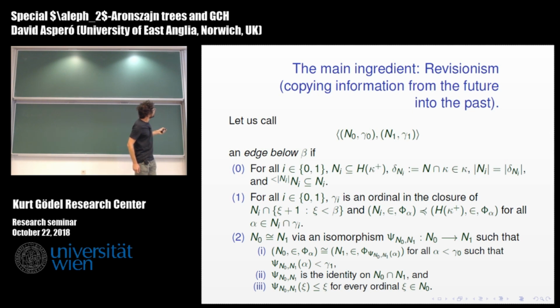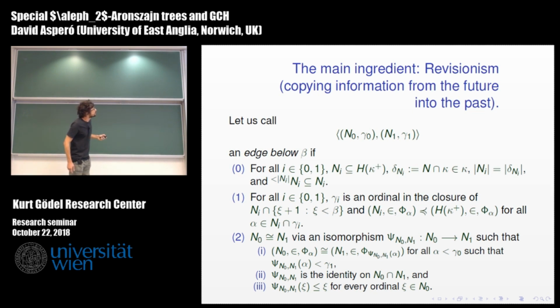Both of these are models of H kappa plus, and their intersection with kappa is an ordinal, the height of the model. It's small, it has size less than kappa, the same size as its height, and it's closed under sequences of size less than its size.